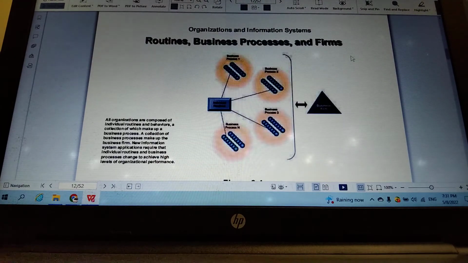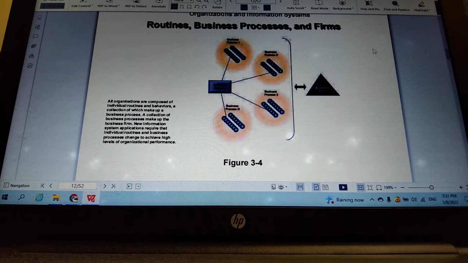Moving on to the next slide, which is again information about what we have discussed just recently about routines, business processes, and firms.